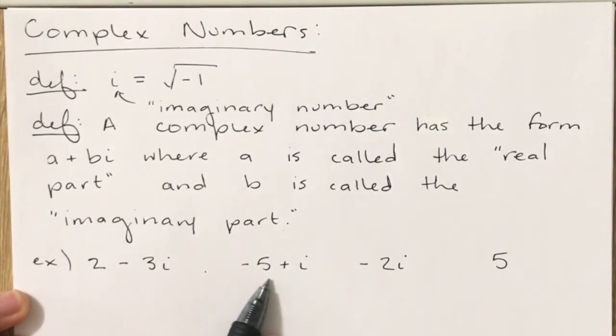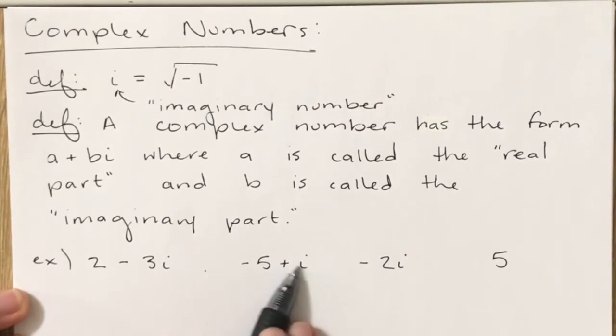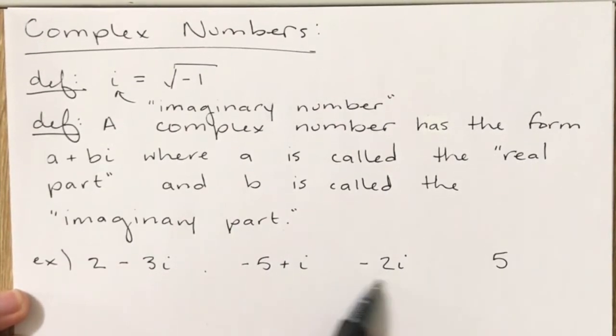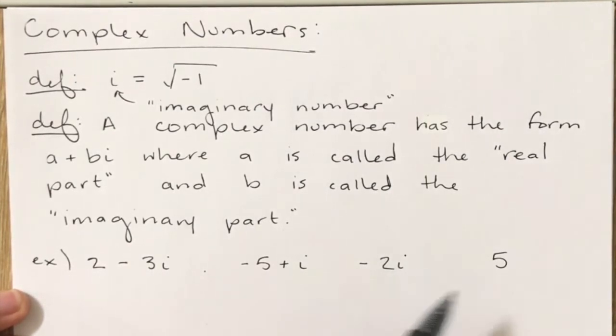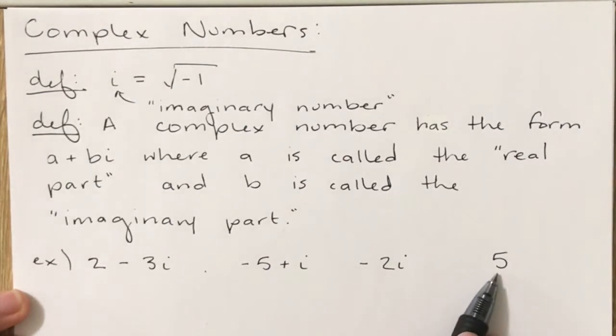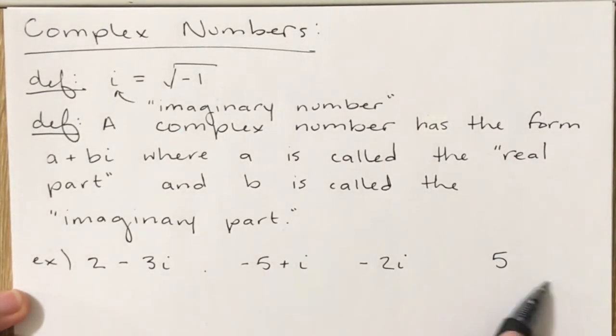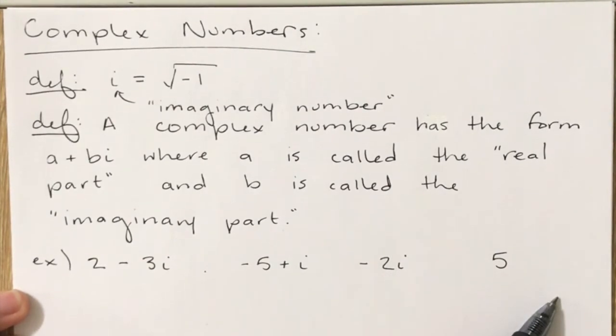Here we have -5 as our real part and an imaginary part of 1. Here we have a real part of 0, right? And an imaginary part of -2. And here we have a real part of 5 and an imaginary part of 0. So technically 5 is a complex number.